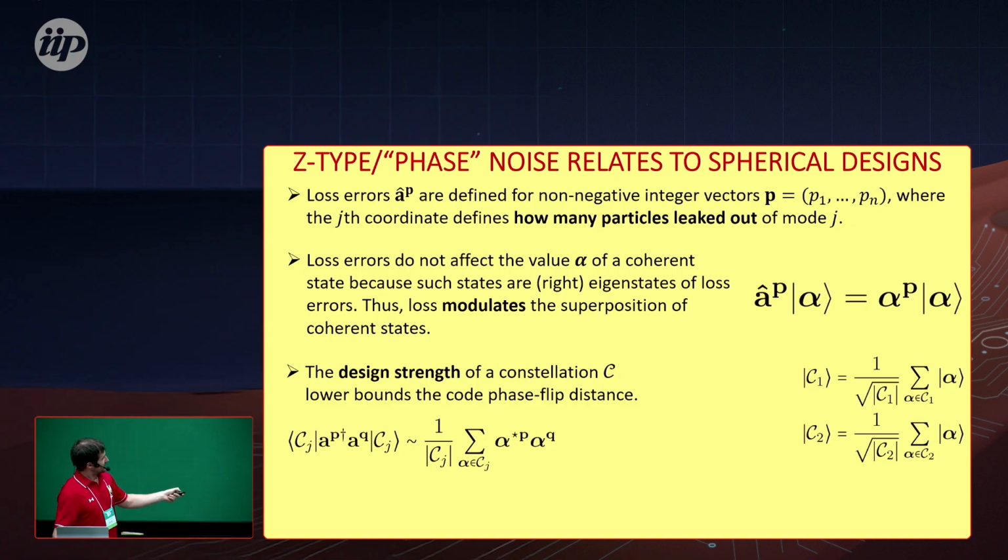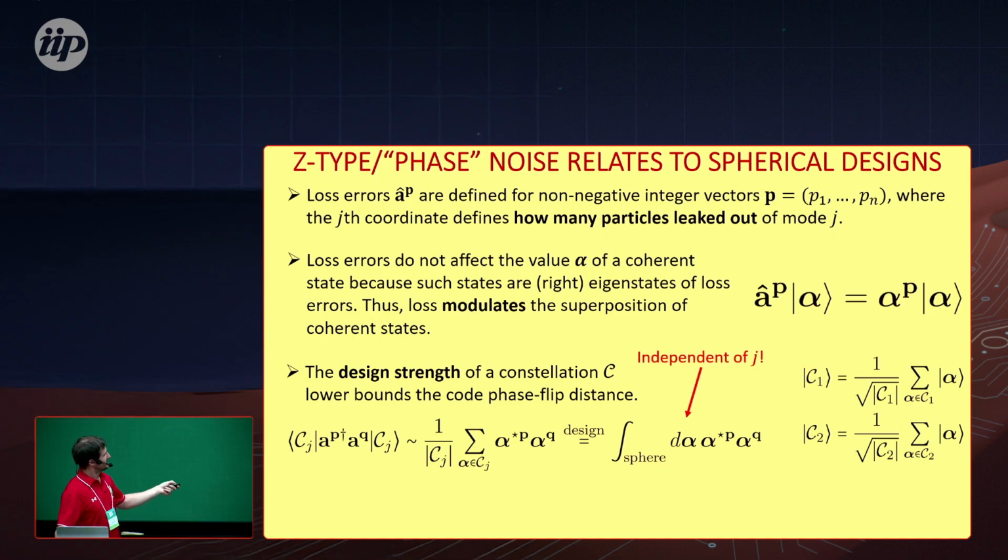And if this constellation, this set of points on the sphere, is a design, then the design condition, by definition, tells you that this average over these points is equal to the average over the whole sphere. And if this is true for all Cj, then all of these are equal, because this is independent of j.